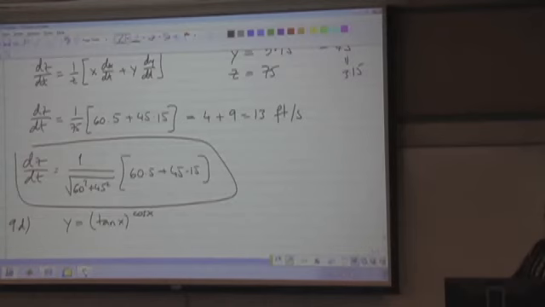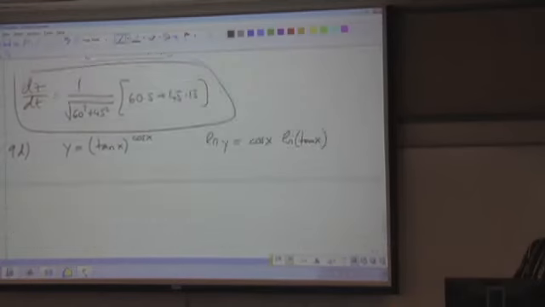So the only way you can find the derivative of this is logarithmic differentiation, right? So we take ln on both sides. So I have ln of y equals cosine of x times ln of tangent of x, right?